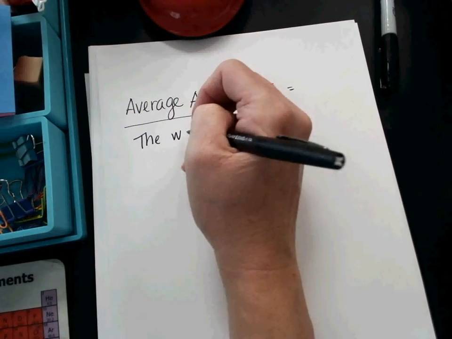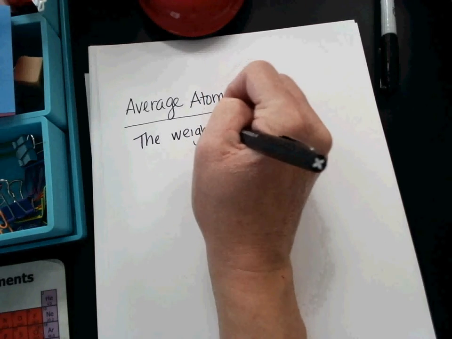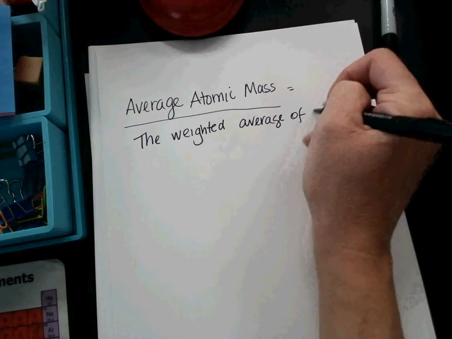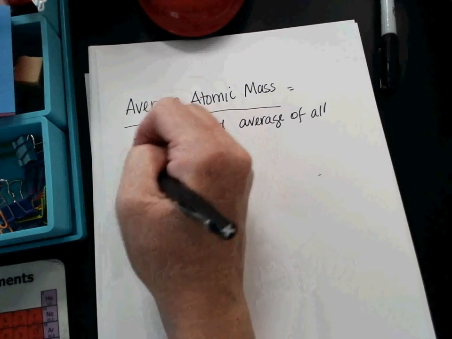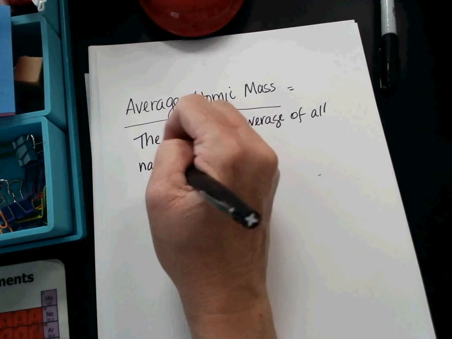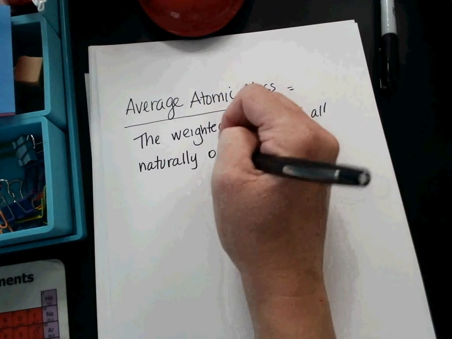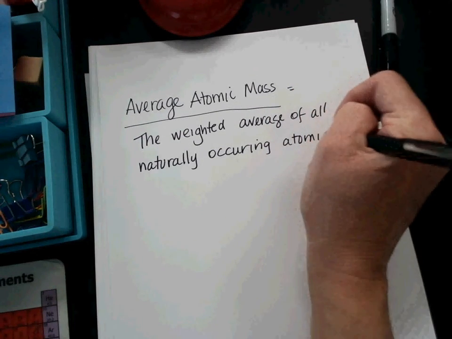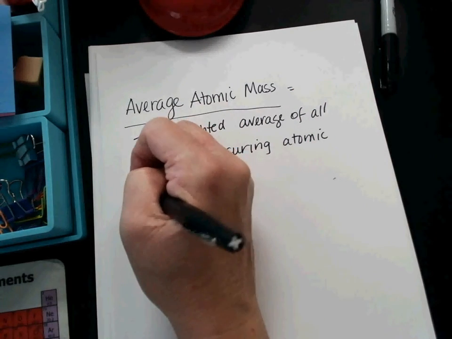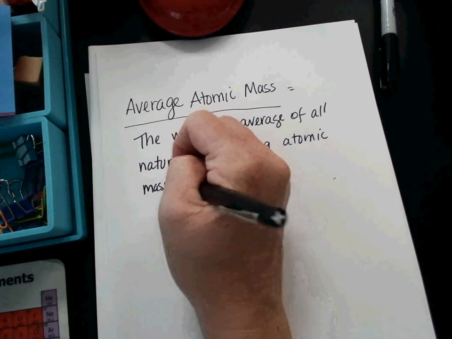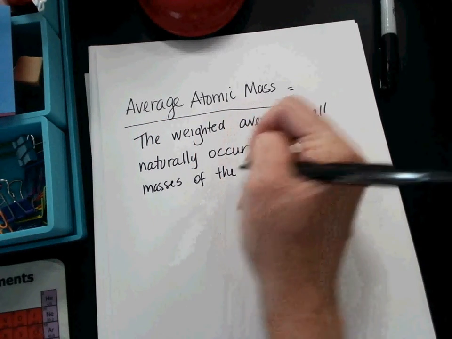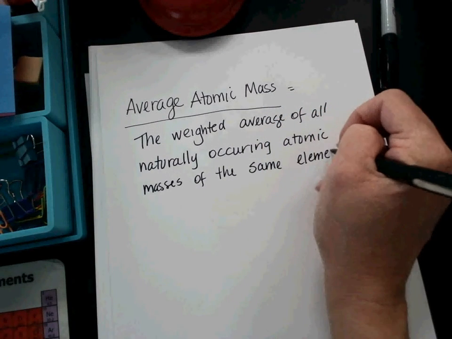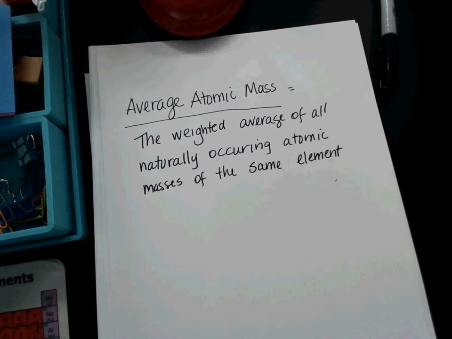It is called the weighted average of all naturally occurring atomic masses of the same element.